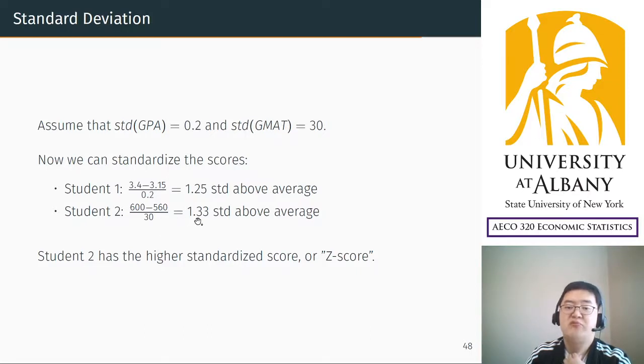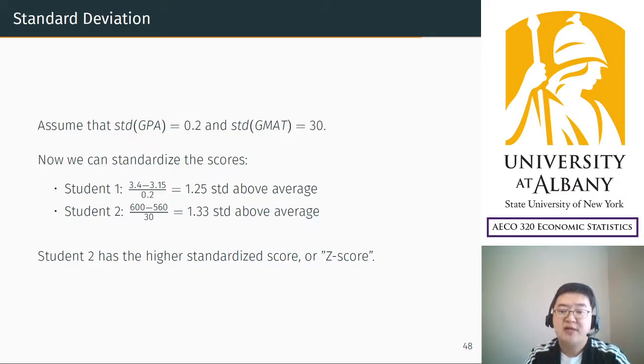So it's 1.33. And now you can compare these two. Both now have the same units, the standard deviations. After standardization, student 2 has the higher standardized score.